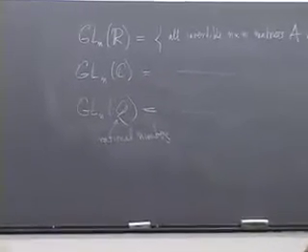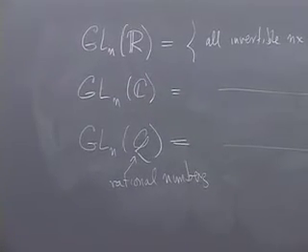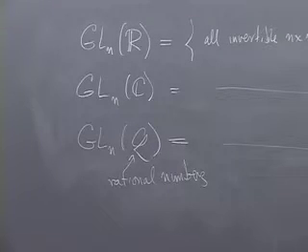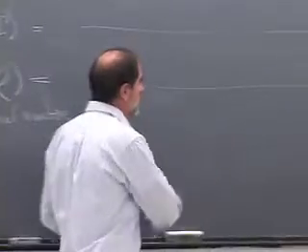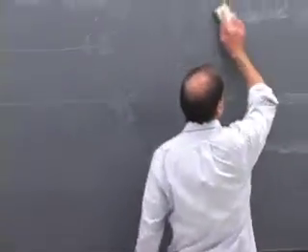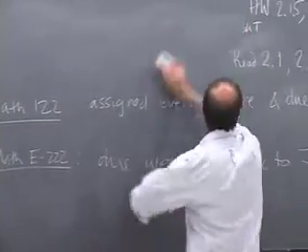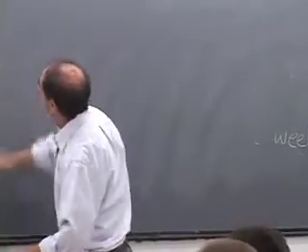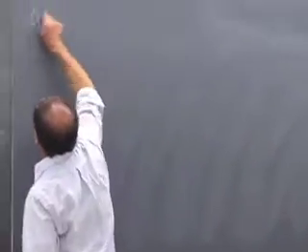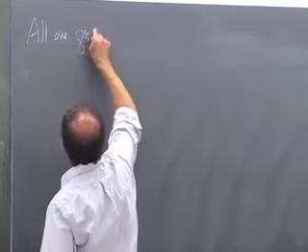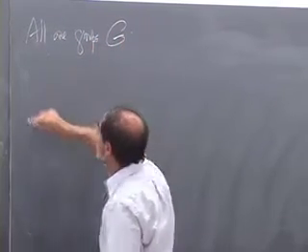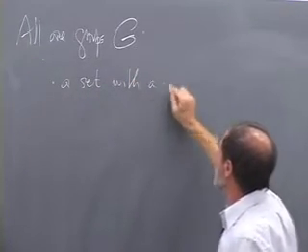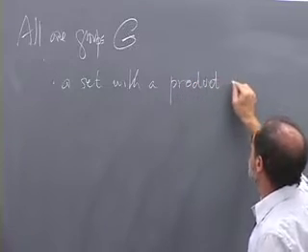And at the end, I talked about how this was, in some sense, contained in a rather natural group. And let's remember, first of all, what a group is. Having defined this, we showed that it was a group. And a group G is, by definition, first, a set with a product structure.